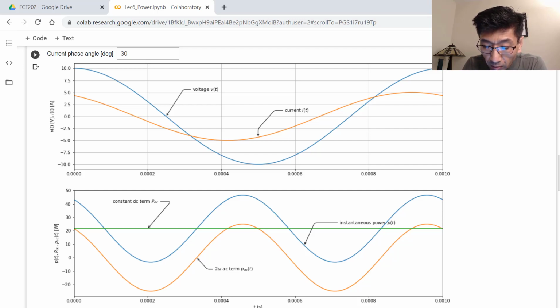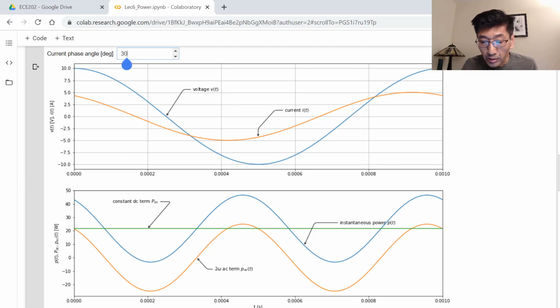The current here is also a cosine function, but I have a way to change the phase angle. So now the current i(t) has a 30 degree phase angle leading the voltage.